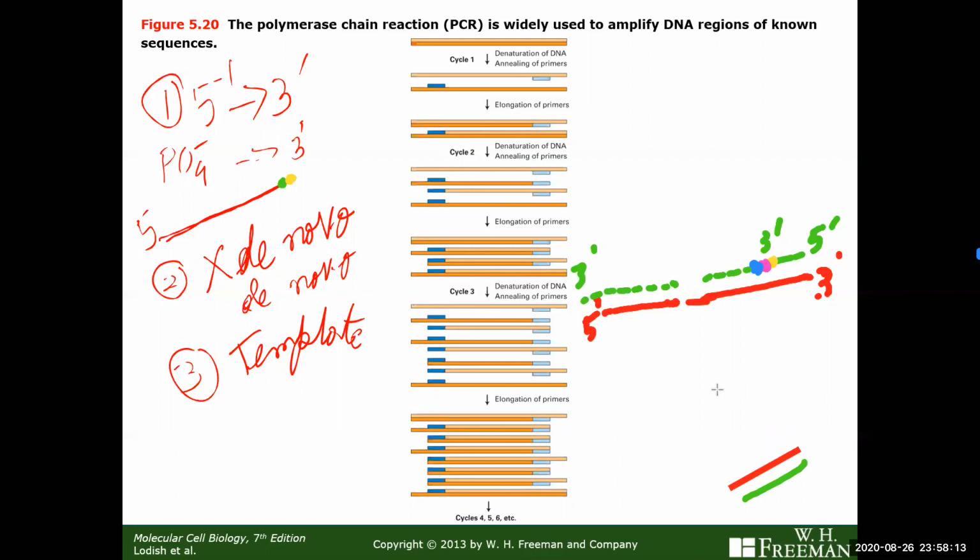So you will get a red strand, and you will get a green strand, and then you will use primers, and by that time people knew that the DNA sequences of the double strand are complementary to each other, they're anti-parallel, so they knew what to do.